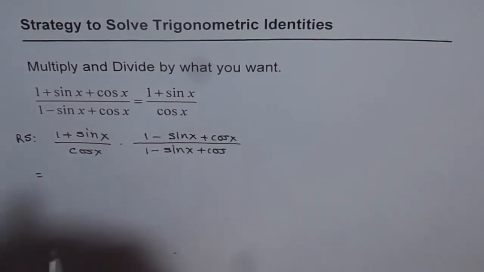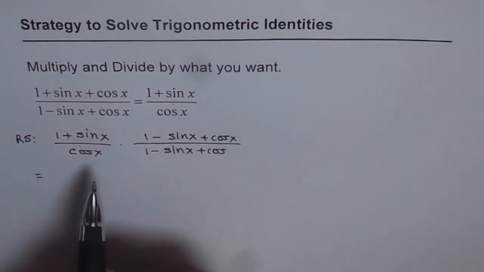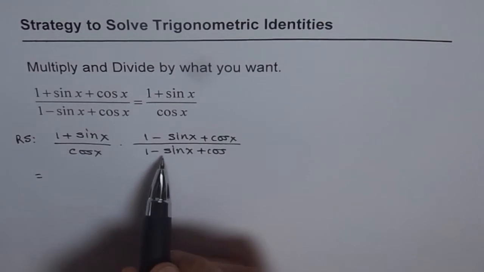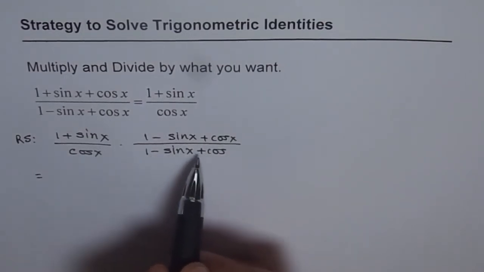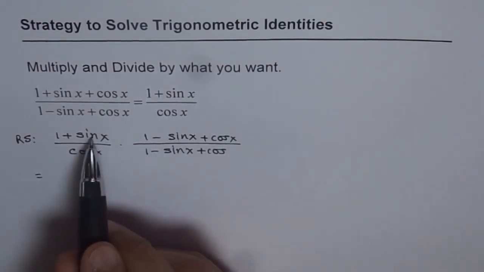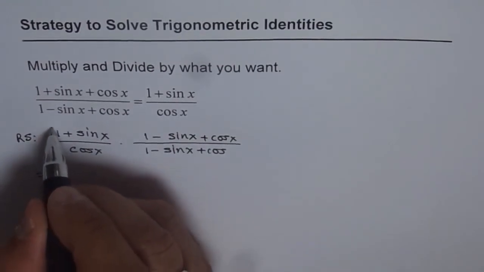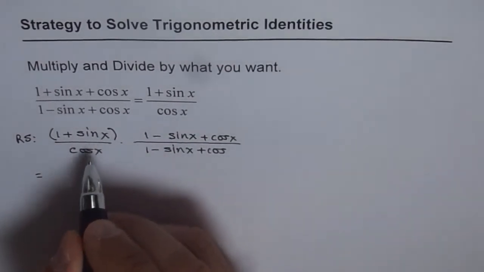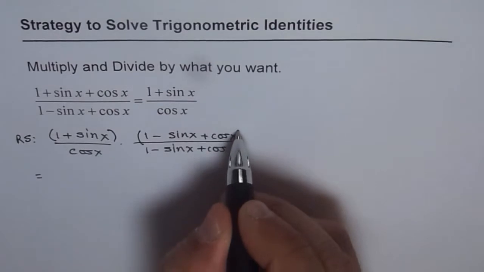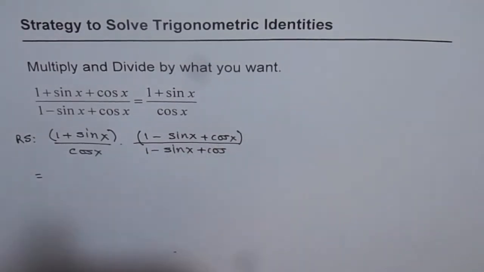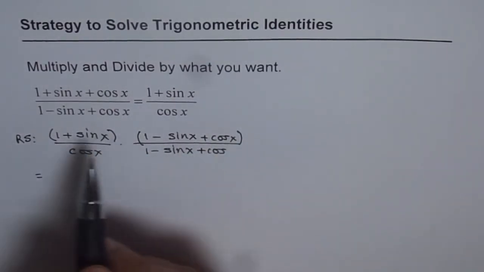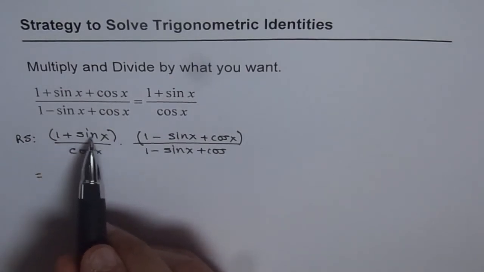You will see how. Now don't expand the denominator because you need this term. You don't want to cancel that out. But expand the numerator. So let's multiply these terms: 1 plus sine x times 1 minus sine x plus cos x. You should get 6 terms, because you're multiplying these 2 with these 3.